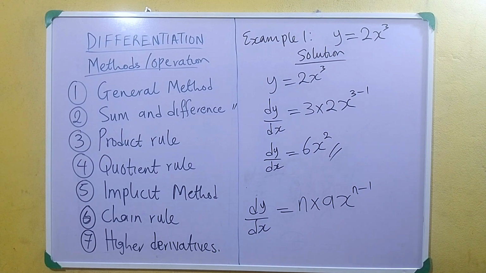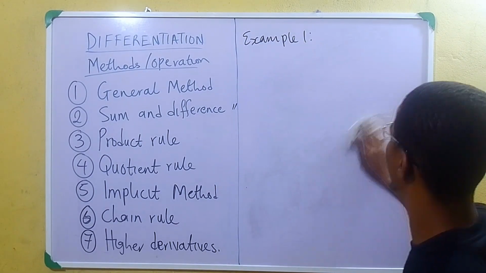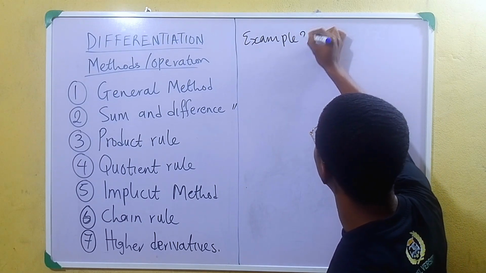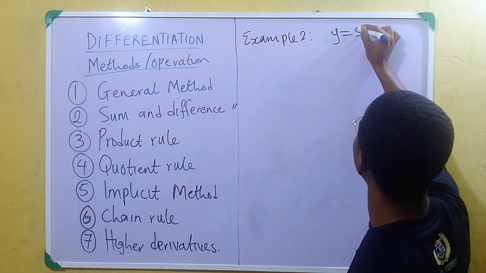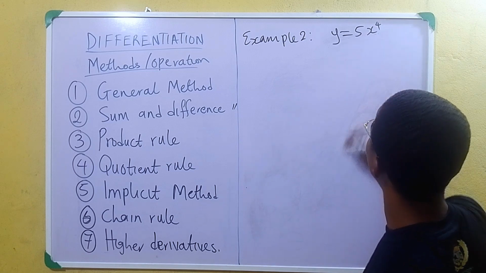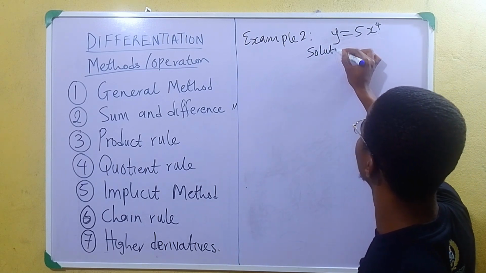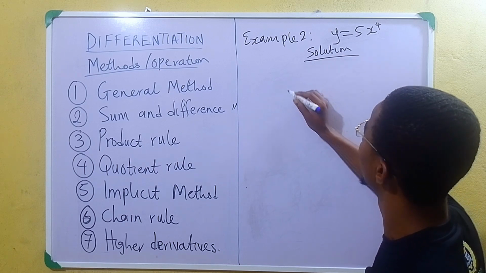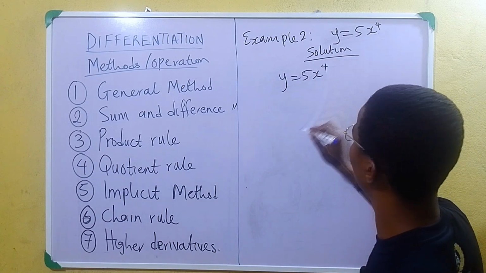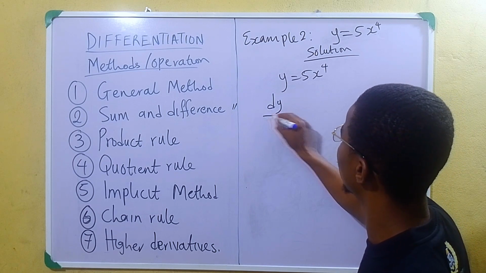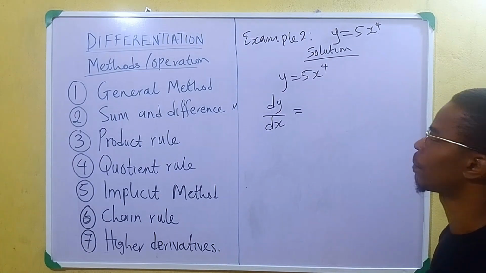Let's solve another one for better understanding. I'll call that example 2. We have that y equals 5x raised to power 4. Now for our solution, we'll say that y equals 5x raised to power 4. So dy/dx will be equal to, the same rule applies here.